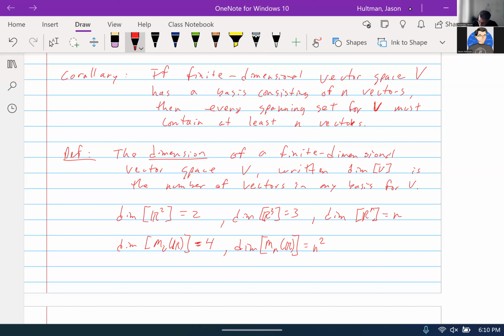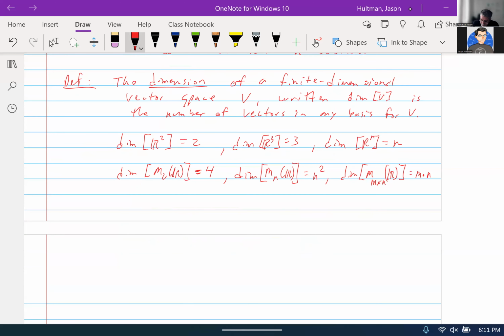It's just n times n. The dimension for an m by n matrix in R is equal to m times n, or just mn.